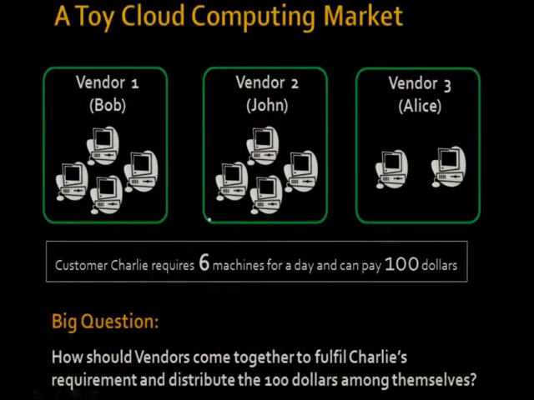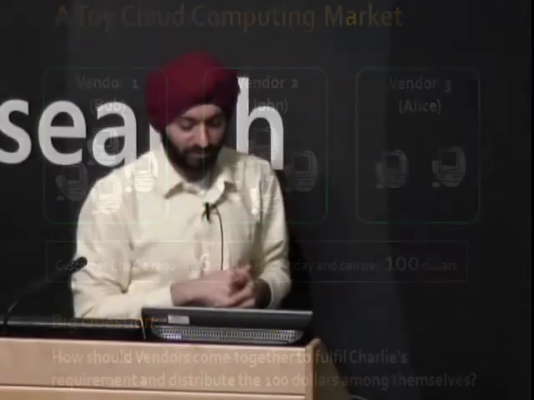That's the central question: how should the vendors come together and distribute the $100 among themselves? You can expect that because vendor 3 has half the number of units of vendor 1 and vendor 2, vendor 3 should get a lower share of the $100.